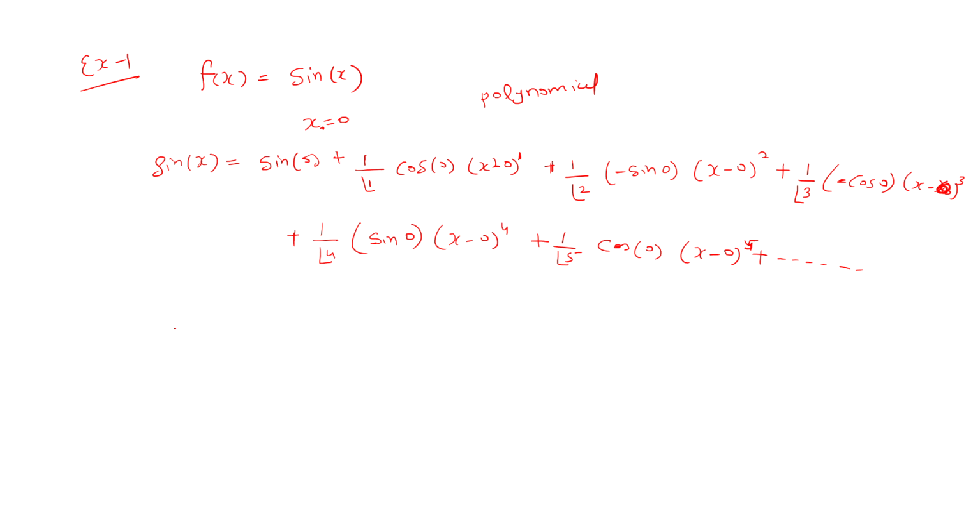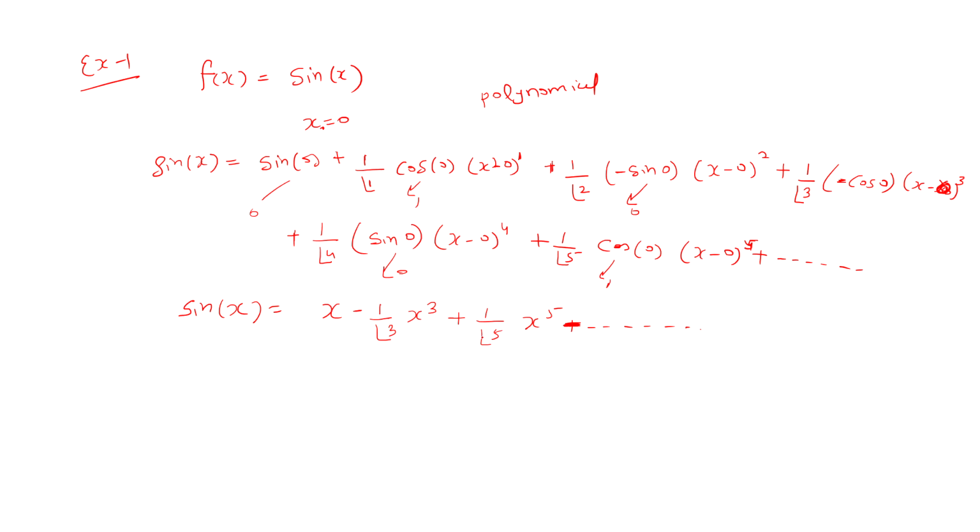So my expression will become sin x is equal to, this term is 0, this is 1, so this has become x, this is giving me 0, this is giving me minus 1, so this will be minus 1 upon factorial 3, x cube. This is giving me 0 and this is giving me 1, so this will be plus 1 upon factorial 5, x to the power 5, and so on and so forth.